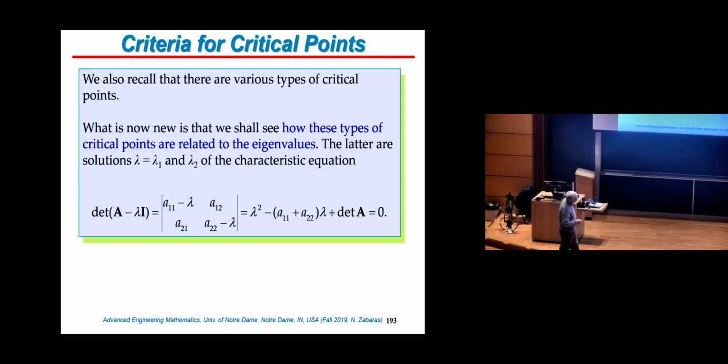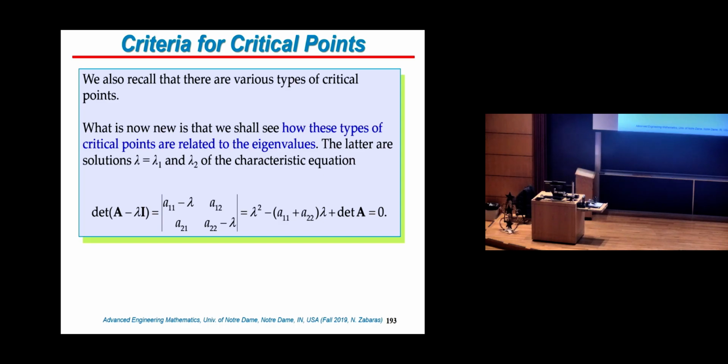And can you give me a formula for the sum of the two eigenvalues? So lambda 1 plus lambda 2 is equal to what? The trace, all right. And the trace is how much? A11 plus A22.